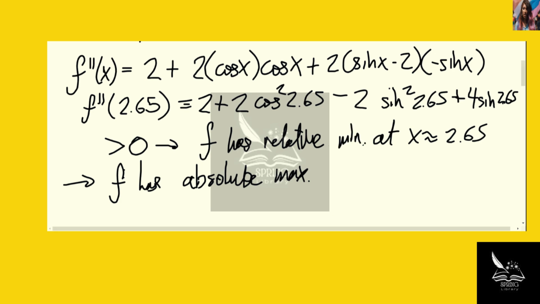So it is an absolute minimum, intuitively, at about x equals 2.65.